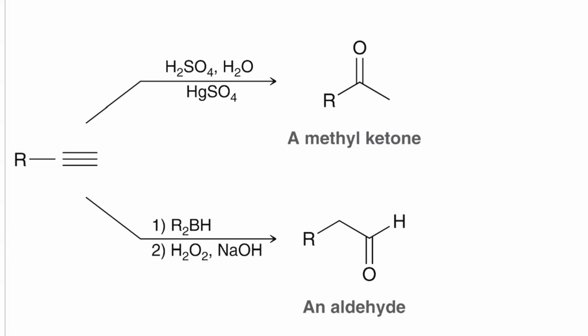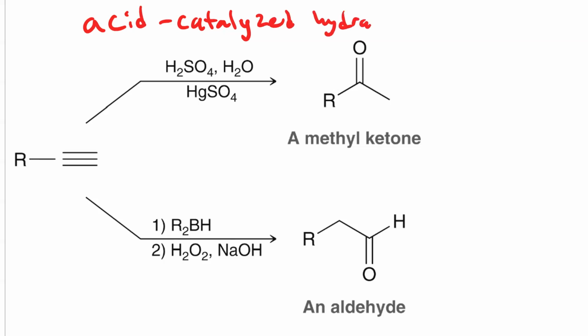Just summing up, if you use sulfuric acid, water, and mercuric sulfate on an alkyne, that's acid-catalyzed hydration. And you end up with a ketone that is the Markovnikov product.